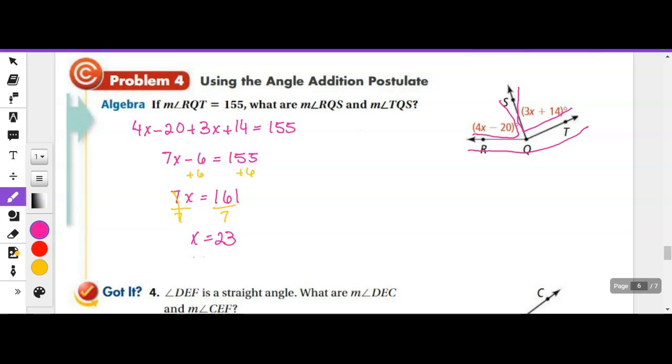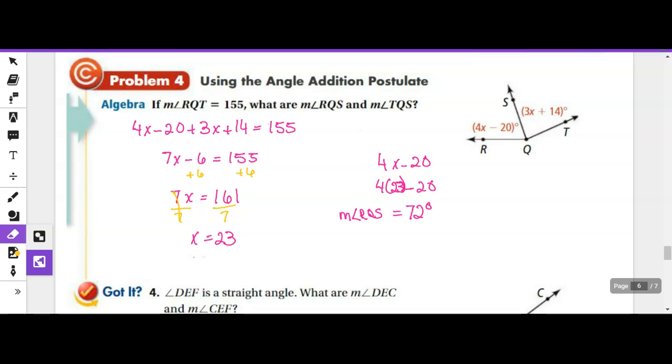So to find the measure of angle RQS, which is right here, I'm going to get 4x minus 20, and I'm going to plug in 23 for x. So 4 times 23 minus 20 is going to give me 72 degrees. So the notation I would use is that the measure of angle RQS is equal to 72.